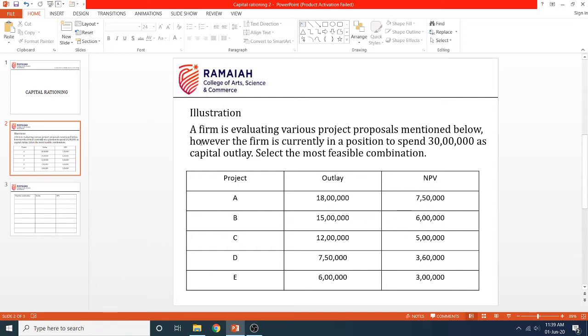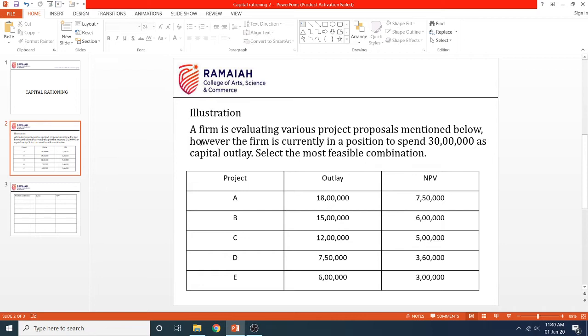When you are considering the capital outlay, you should be in a position to exhaust the 30 lakh rupees completely, right? You should always aim at exhausting the 30 lakh rupees of capital outlay. Second thing is that you cannot exceed 30 lakh rupees. It should be 30 lakhs or slightly less than 30 lakhs, and the gap should not be too much.